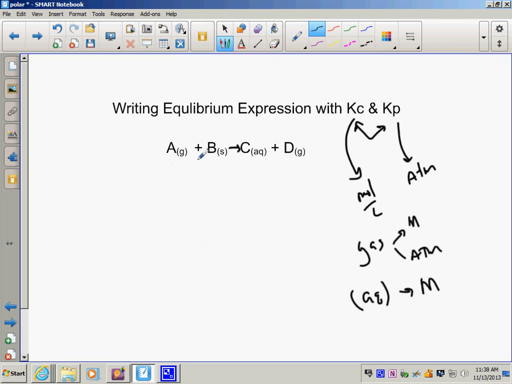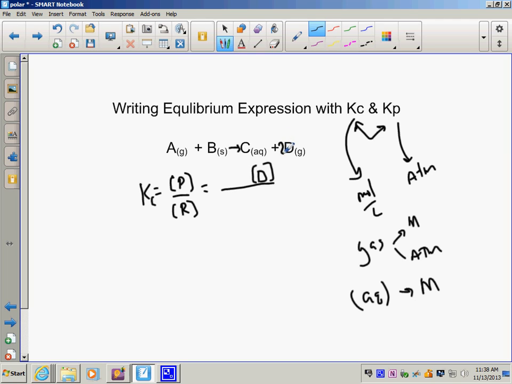So if I want to write this expression, K is a ratio of concentrations of products over concentrations of reactants. Now, careful here. I want to do Kc. D is a gas, so the concentration of D goes in brackets, clearly listed brackets.